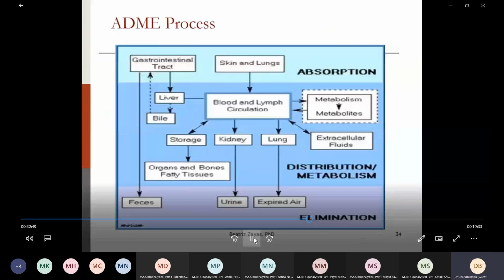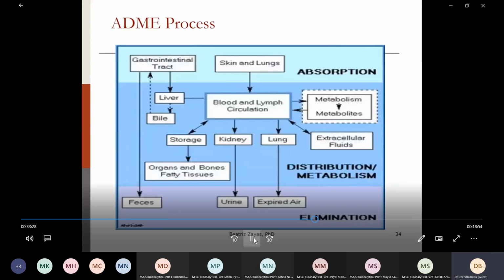A nice way to simplify, and I'm saying simplify because it's really a complex process, what happens with a substance once it gets into the body is this illustration. Here you can see the absorption phase, the distribution and metabolism phase, and at the end, the elimination. When we're talking about the routes of absorption, as I mentioned, you will have ingestion to the GI tract, inhalation through the lungs, and dermal contact or absorption through the skin.